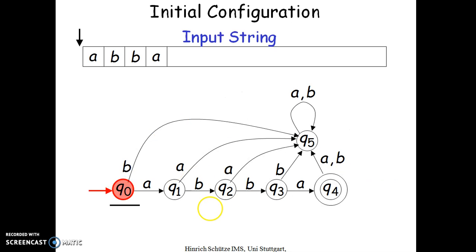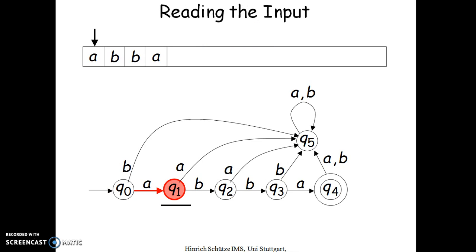Next, we'll see how the input string ABBA is accepted by this automata. As this is the initial state, we have to start from here. My input is ABBA, the first symbol is A, and the starting state is Q0. After reading A, I reach the state Q1.